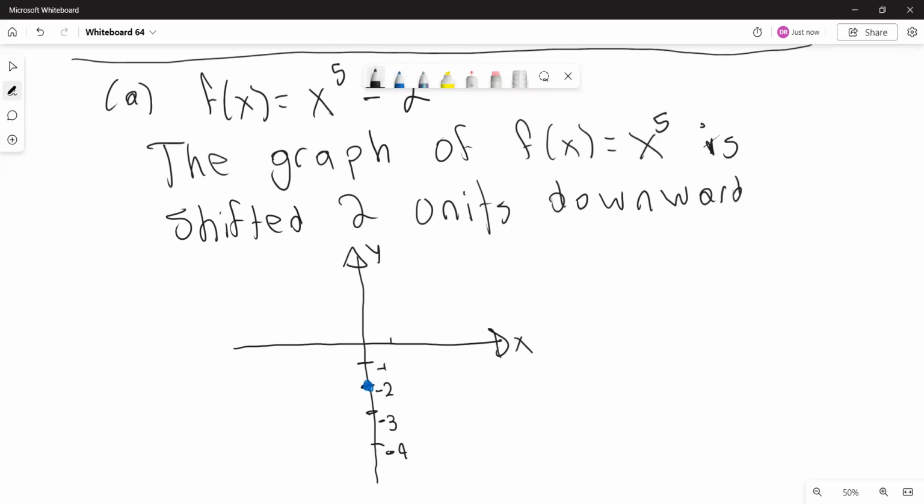And then the graph, instead of passing through 1, 1, is going to pass through 1, -1. And instead of passing through -1, -1, is going to pass through -1, -3. So that's an idea of the graph.